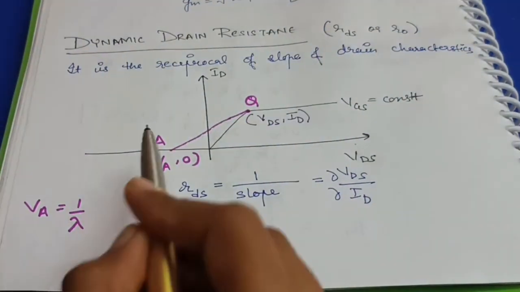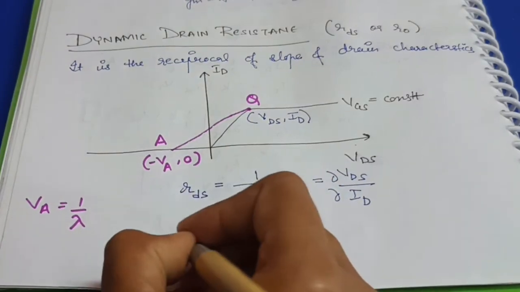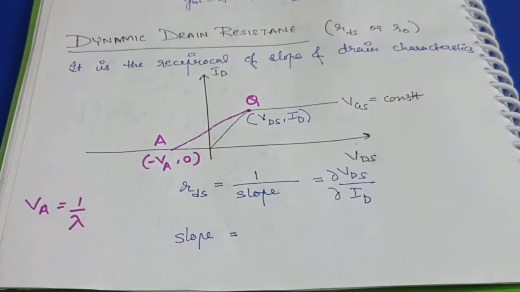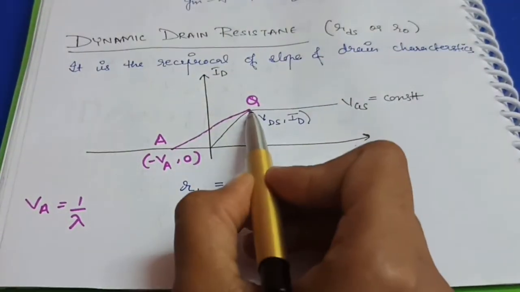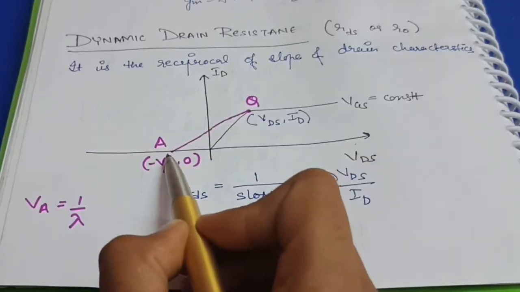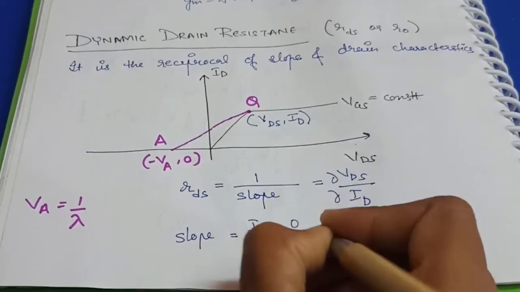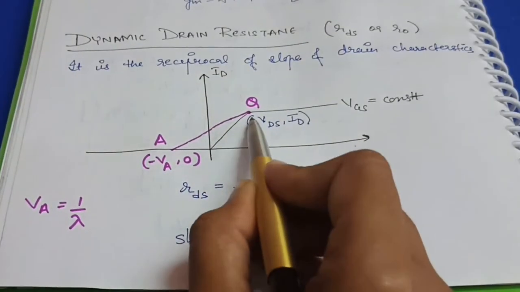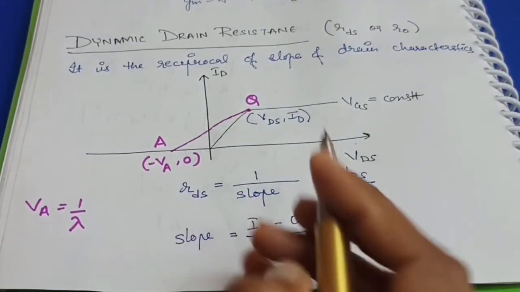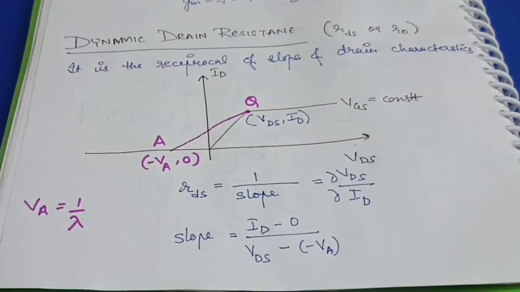Considering these two points A and Q, we have to determine the slope, and slope is given by y2 minus y1 upon x2 minus x1. So this is the y-axis, and y2 is basically ID, minus y1 is 0. So it is ID minus 0 upon x2 minus x1. X-axis is VDS, so it is VDS minus of minus VA, right?